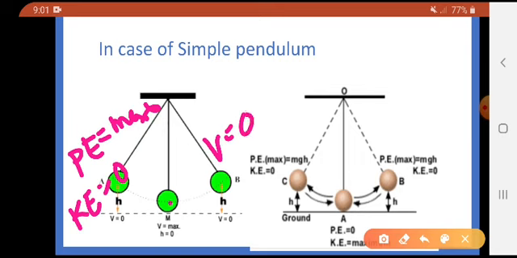At the mean position, potential energy is 0, velocity is maximum, so kinetic energy is maximum, right?